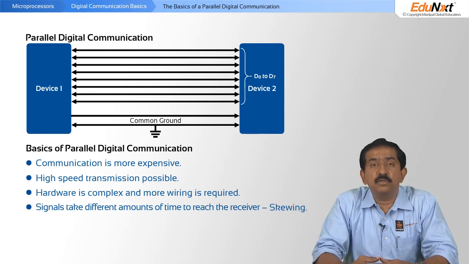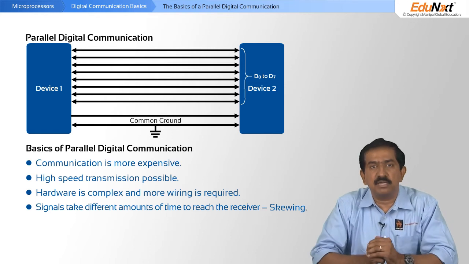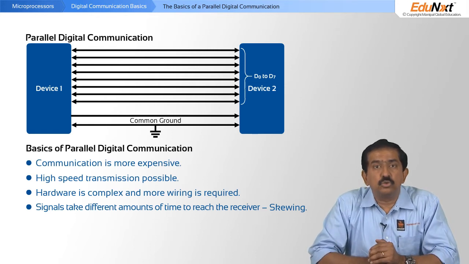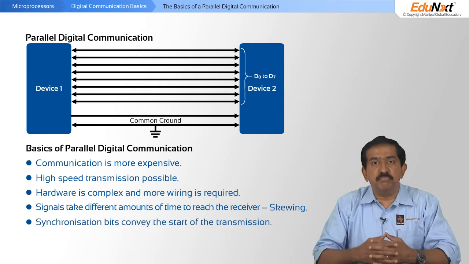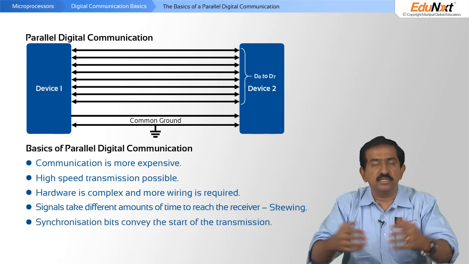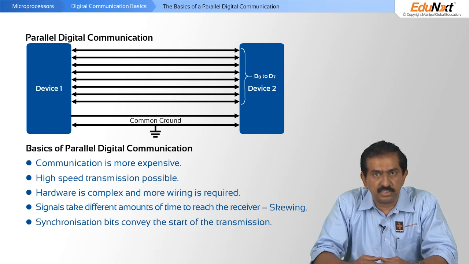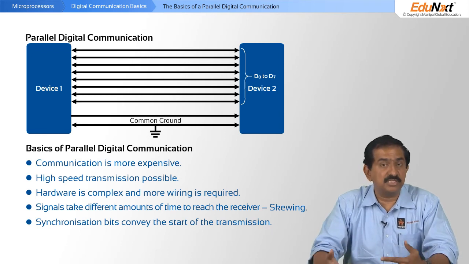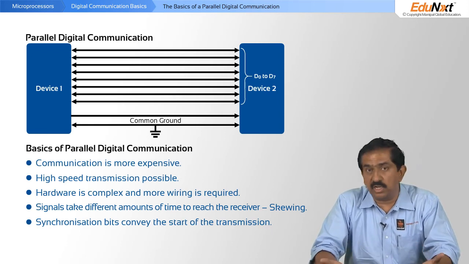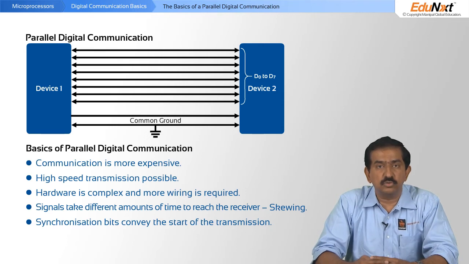And it is therefore important, even in the case of parallel bus transmission, to talk about data synchronization, to have synchronization bits that communicate the start of the information transmission. You may have start bits, you would have stop bits, you would have error correction codes, and so on and so forth.